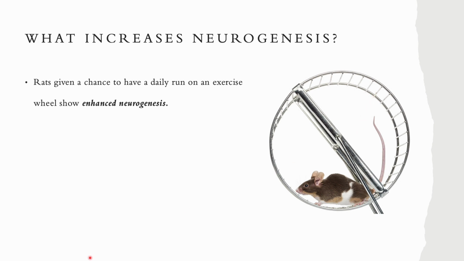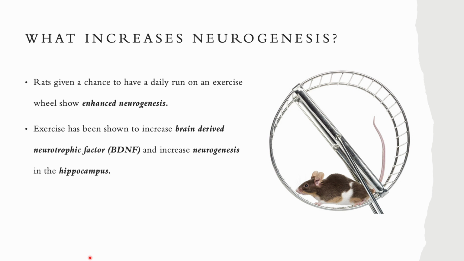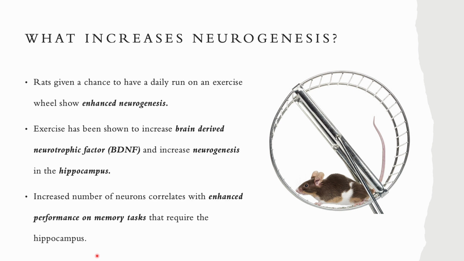Exercise has been shown to increase an important neurotrophic factor called brain-derived neurotrophic factor, BDNF, which I've talked about a lot in class, but essentially BDNF increases neurogenesis in the hippocampus, and thus high levels of BDNF increase the number of neurons and correlate with enhanced performance on memory tasks that require the hippocampus. So ultimately, exercise is one of the best ways to increase the production of new neurons.